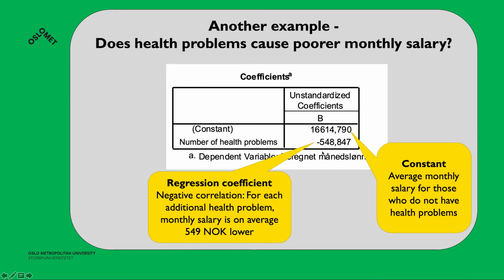And the regression coefficient is a negative correlation: for each additional health problem, monthly salary is on average 549 Norwegian kroner lower. So from this model it seems that health problems cause poor monthly salary.